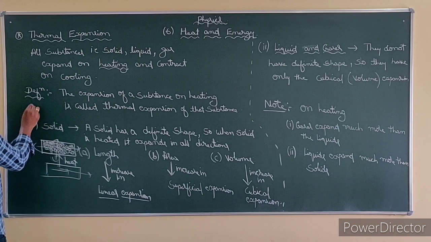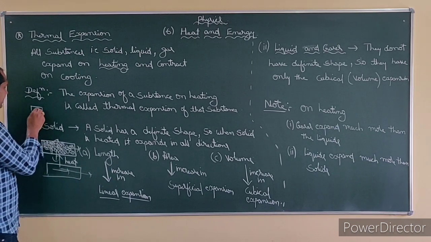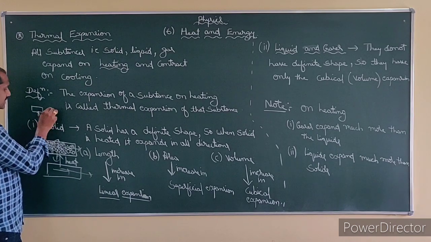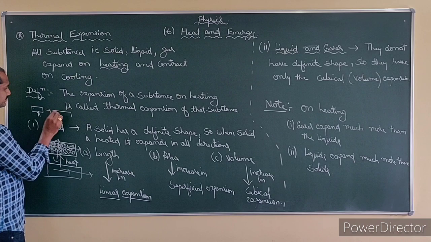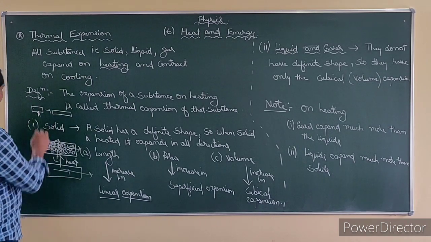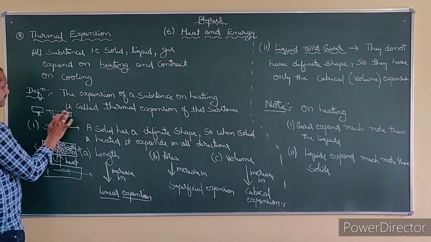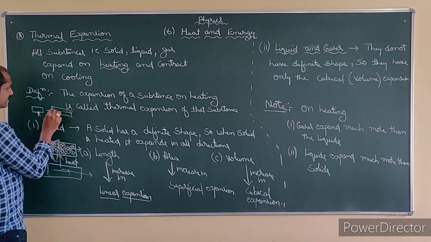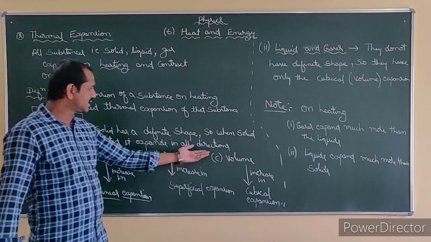Now, for example, this is the solid. This solid I keep on heating. There was first linear expansion. This much has become this much. Understand? Now the area. This was the area, and now it has expanded. And what next?